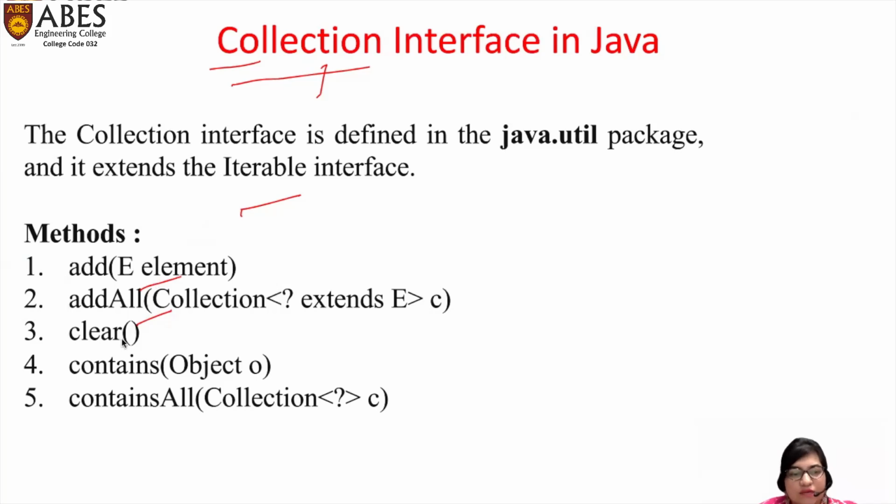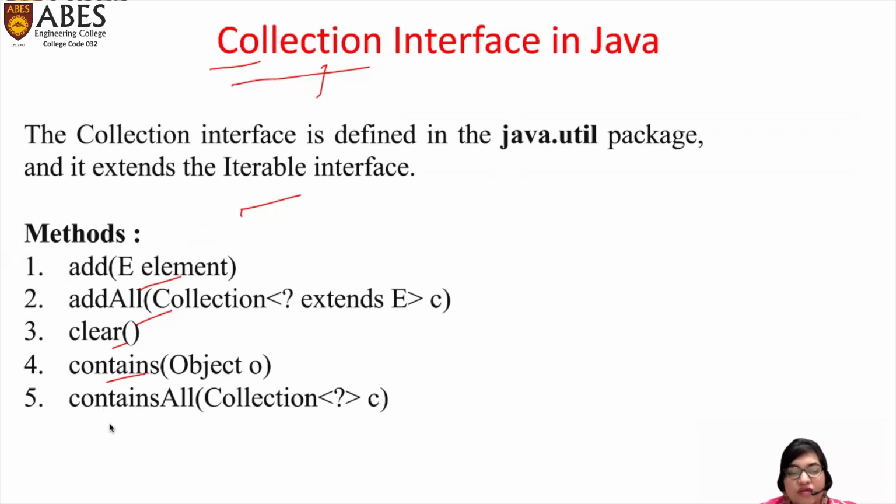Then we have the clear method. Clear means remove all the elements from the collection. Then we have the contains method. With the help of this method, we can check whether a particular collection contains the specified element or not.